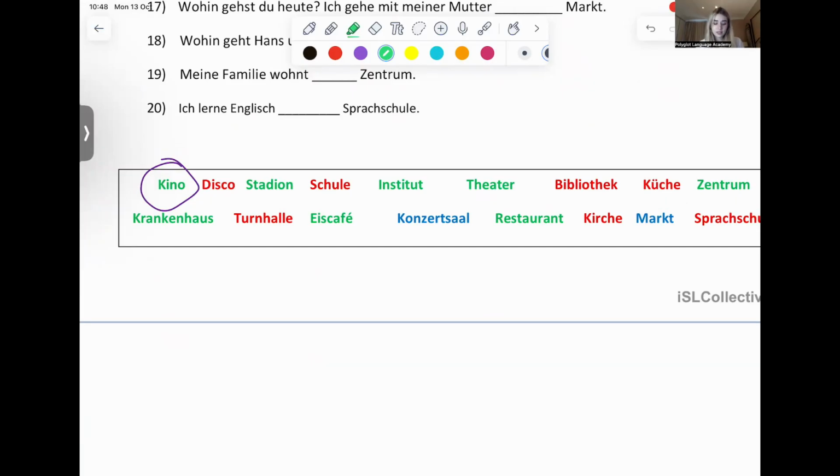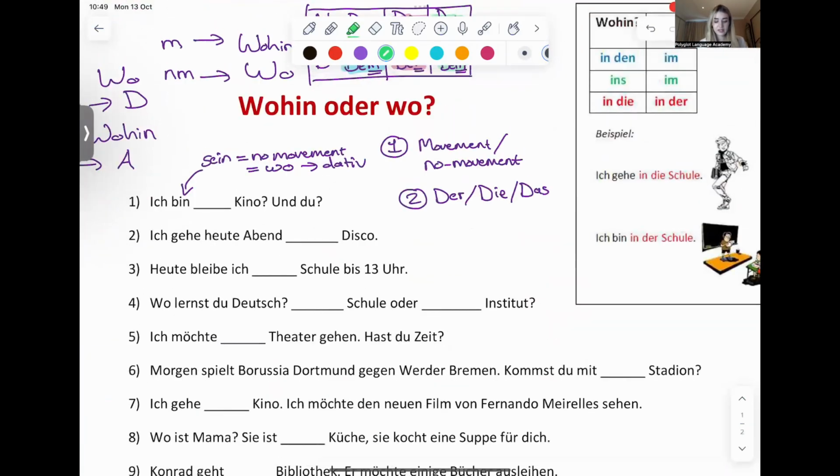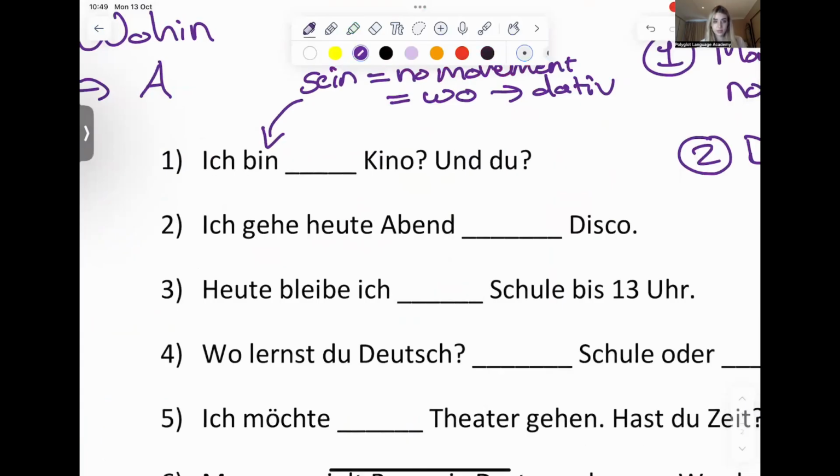So anything that's green is das, red or pink is die, und dann blau ist der. Blue is der. Okay, so ich bin Kino. Kino is das. But now we said bin implies wo, and wo means dative. So this das is still in nominative.